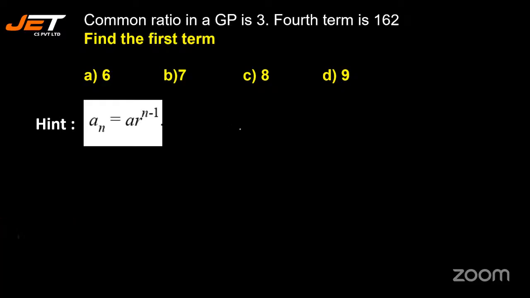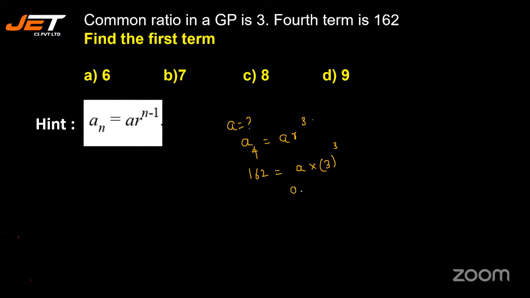Yes. Right. Now, find the first term means a value you need to know. So the fourth term, a4, is equal to a r to the power 4 minus 1, that is 3. Clear? So what is a4? 162 is equal to, we don't know the first term, but the common ratio is 3. So 3 square, 3 cube.